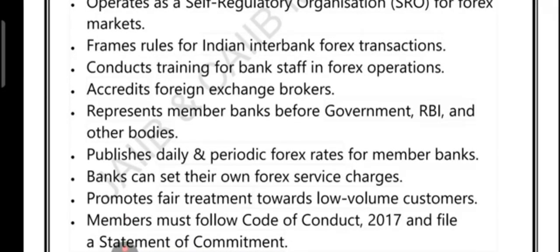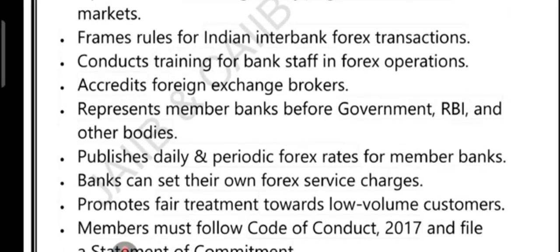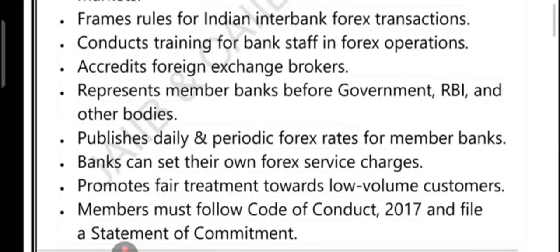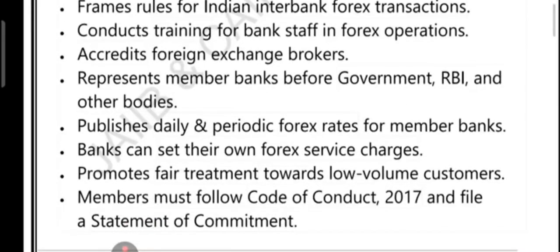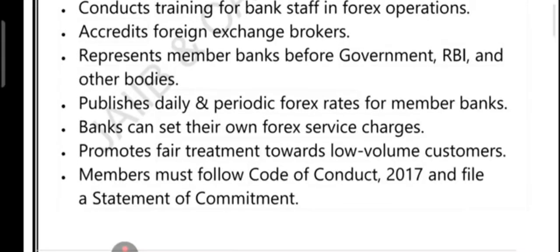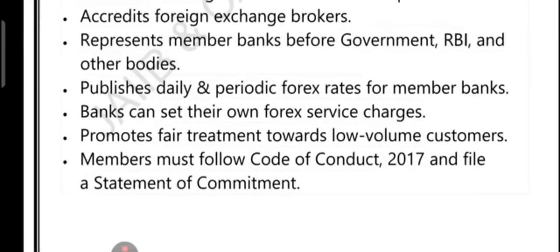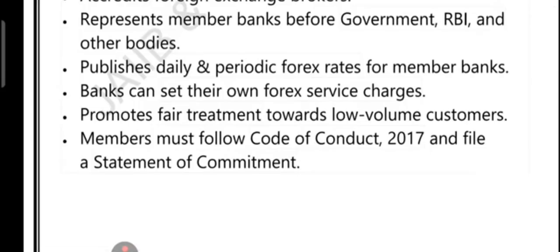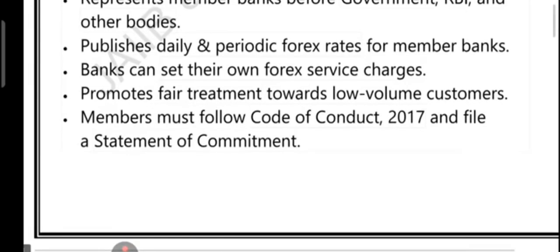So FEDAI decides the guidelines for how banks deal with each other in forex transactions, and they also train bank employees in handling international transactions, and they even certify the foreign exchange brokers. Whenever member banks need to approach the government or RBI about a forex issue, FEDAI becomes their voice. They also publish daily and periodic currency rates for member banks to follow.